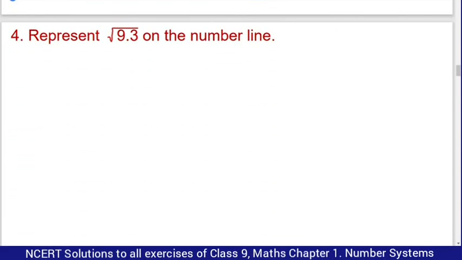Question number 4. Represent square root of 9.3 on the number line. Solution. Firstly, draw AB equal to 9.3 units.